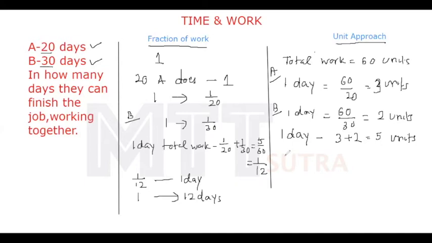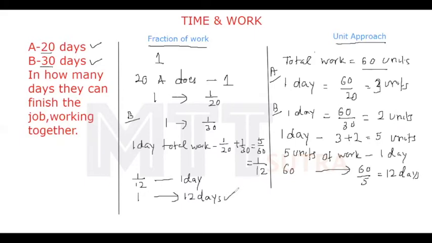So 5 units of work are completed in one day. What is my total work? I have assumed that it is 60. So 60 units of work will be done in how many days? That is 60/5, that is 12 days. So these are both methods. One is the fraction of work method, and another is the unit based method. Let us discuss another question.